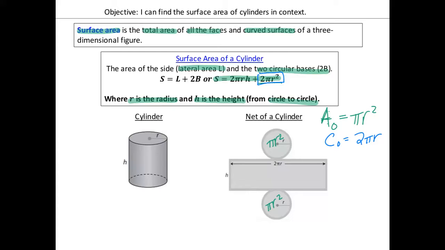The area of a rectangle is length times width. Because the length of my rectangle is 2 pi r and the width is the height, I just multiply those two together, and that's where we get this 2 pi r h in our formula, okay? So if you can't remember the formula, just think of it as the net. You have the two circles, so that's the 2 pi r squared, and then you have the rectangle, it's 2 pi r times h, okay?